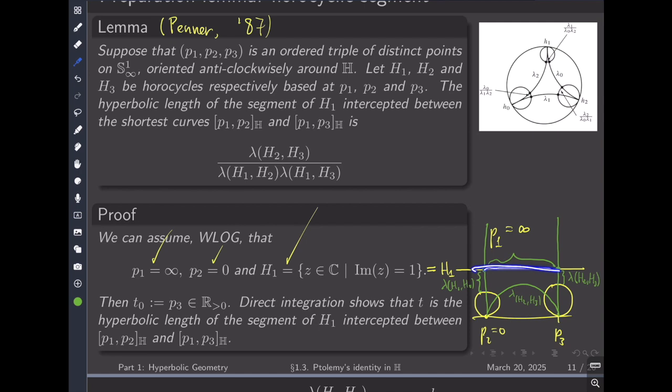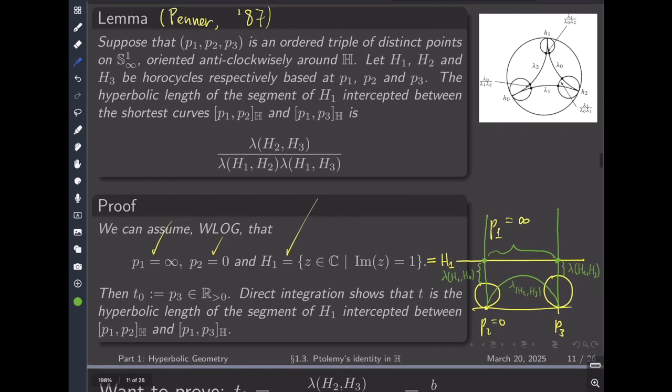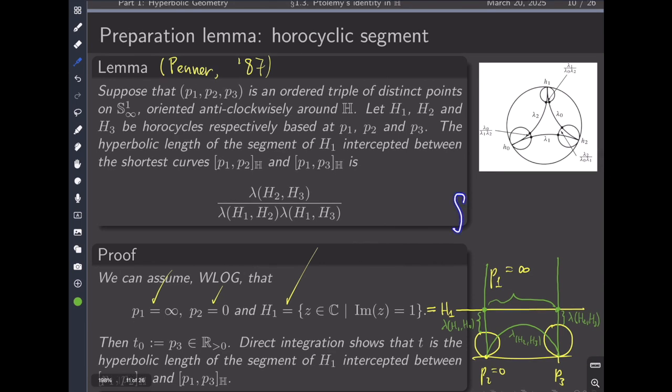So the hyperbolic length of this just becomes the usual integral from, let's say, 0 to P3 of the square root of the usual dot product of gamma prime with itself. And actually you can parameterize things linearly, so the square root of 1, if I'm thinking correctly.